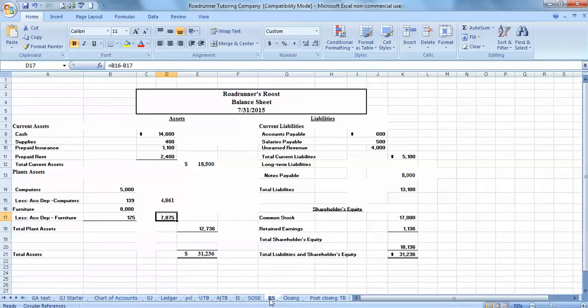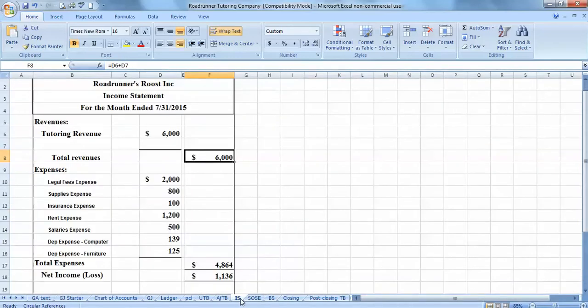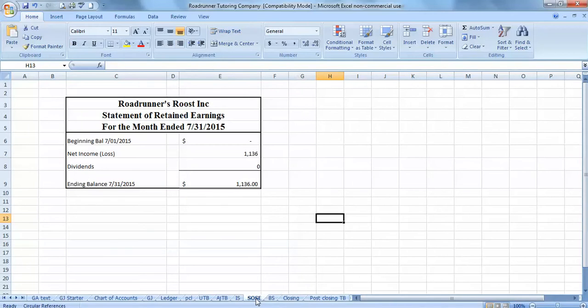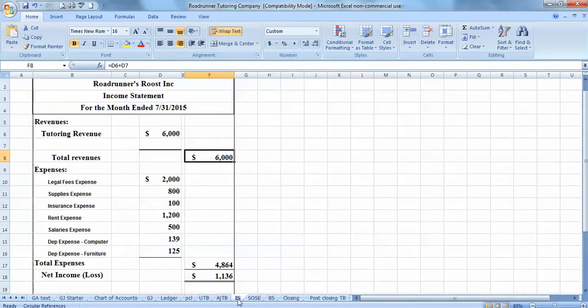And now, after the 3 financial statements are completed, the final steps are to close the temporary accounts. The temporary accounts are those accounts which are included on the income statement and the statement of retained earnings. Again, we had said in the previous video that these accounts are only for the month ended July 31st, 2015. Revenue minus expenses.